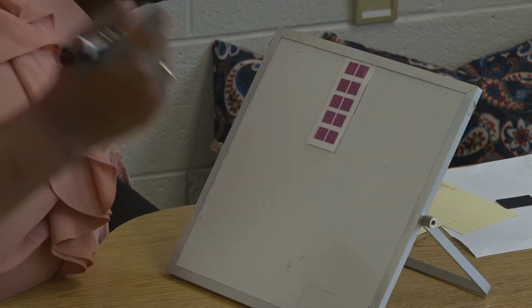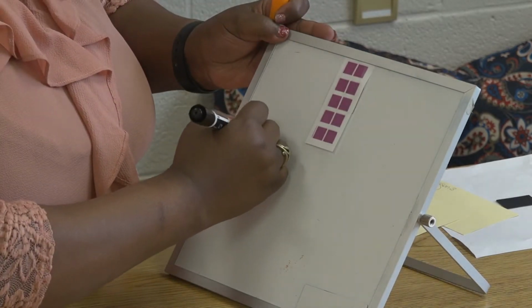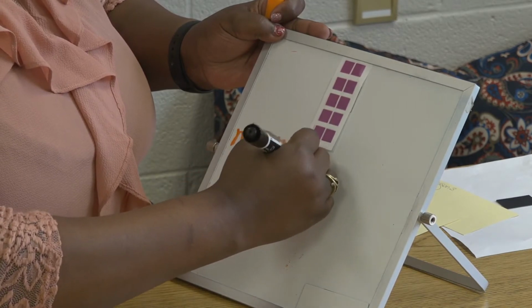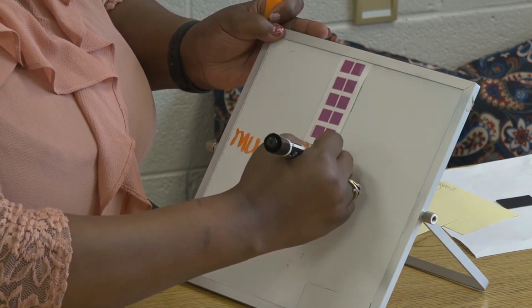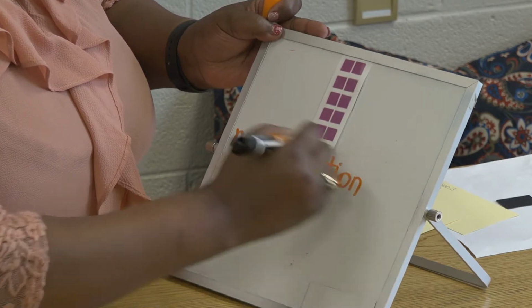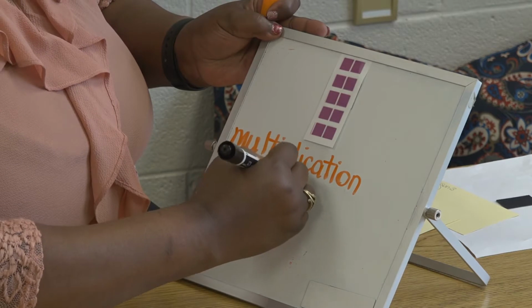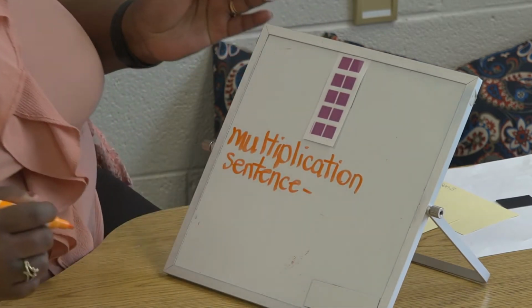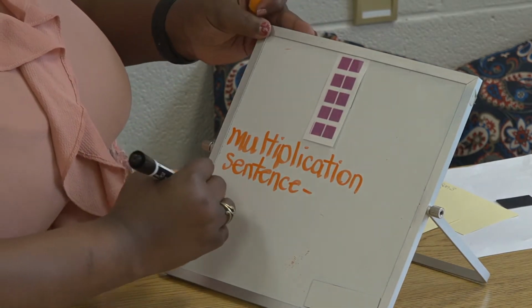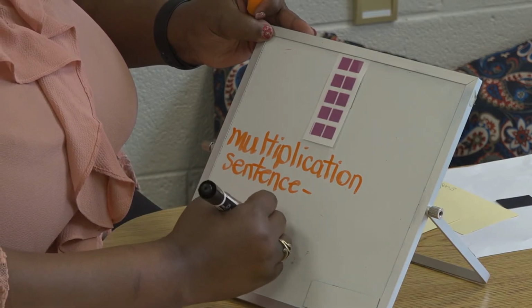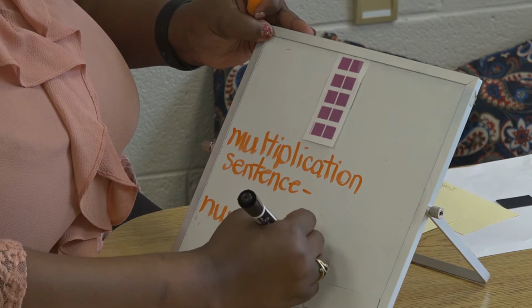So I'll write that here. Multiplication sentence. And then a number bond. Something new we learned today. Just another way to show number bond.